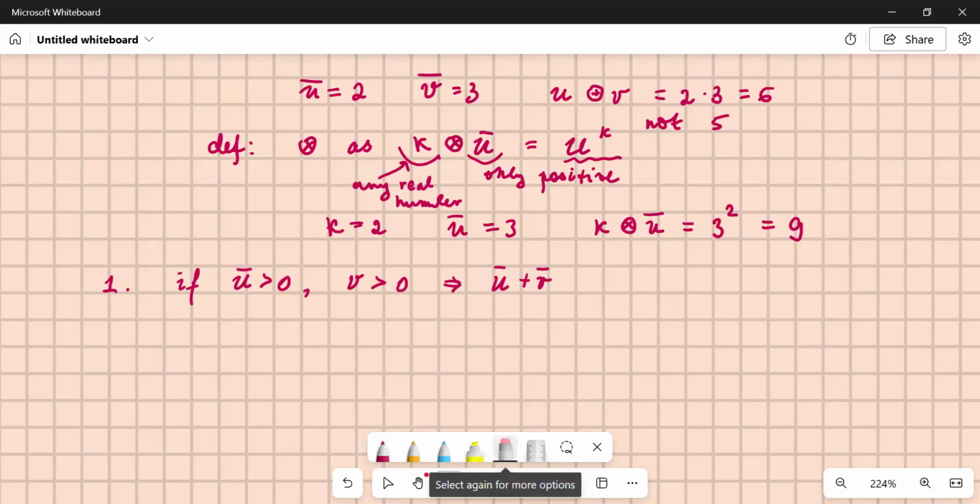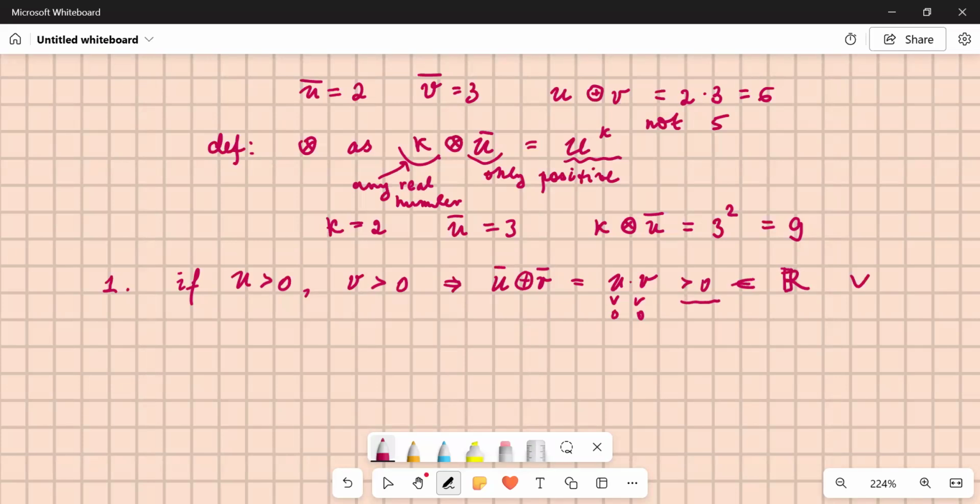Well, u plus v, special addition, is going to be the product of u and v. If each of them is greater than 0, then the result is greater than 0, which means that it still belongs to real vectors greater than 0. So the first axiom works.